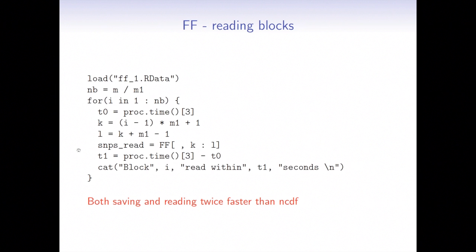And for me, this package worked faster than NCDF. Both saving and reading the data was around twice as fast. And also note that it is very easy once you have such an object to extract just a single SNP or a group of SNPs for further analysis, or if you want to have a closer look at your data.